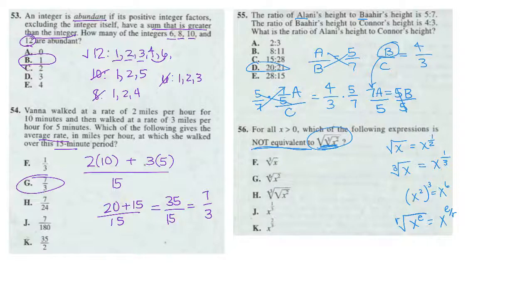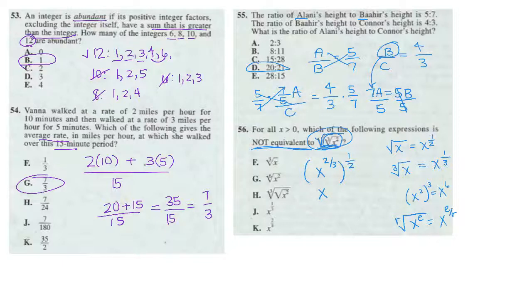So starting out on the outermost, that's going to be something to the 1/2 power, and then this stuff on the inside, that's going to be x to the 2/3. And so now if I do an exponent raised to an exponent, I'm going to multiply, so that's going to be 2/6.